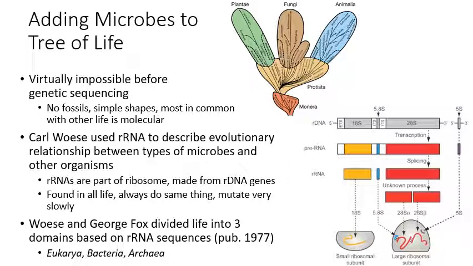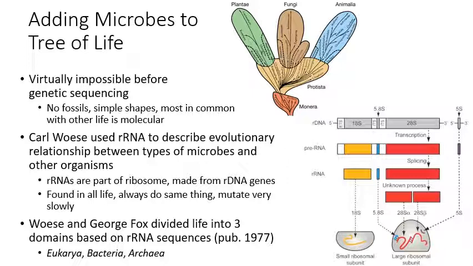It's actually catalytic, so it's the part of the ribosome that actually links amino acids together to make a new protein. And rRNAs have rDNA genes. So most genes make a protein, but some genes make RNA, and some genes, rDNA genes, make rRNA for the ribosome. All life forms have ribosomes, all life forms have rRNA, and it always does the same thing. And it's very, very important.